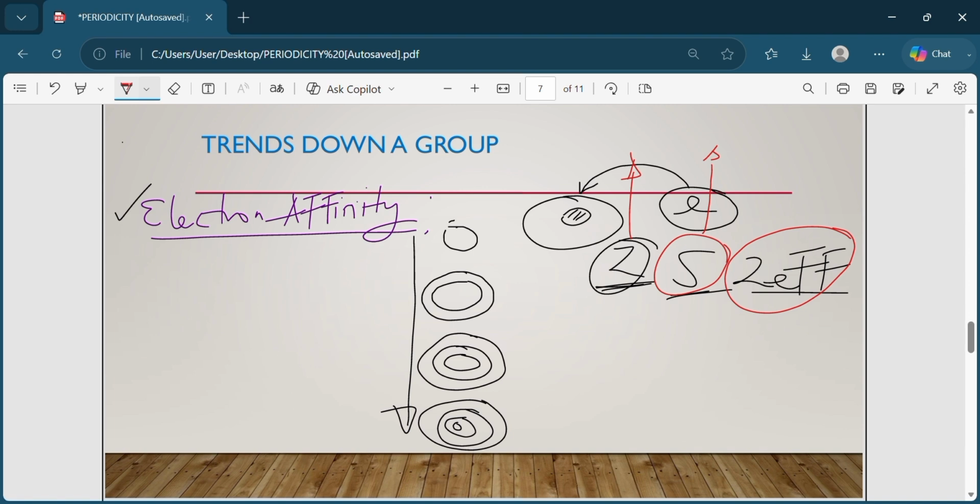We have nuclear charge and screening effect, and both of these are increasing. But the magnitude of the screening effect here is going to be quite higher than that of the nuclear charge.